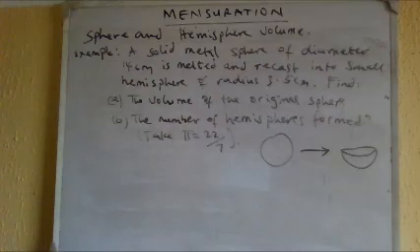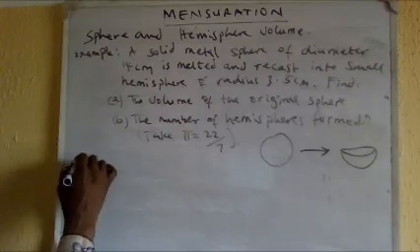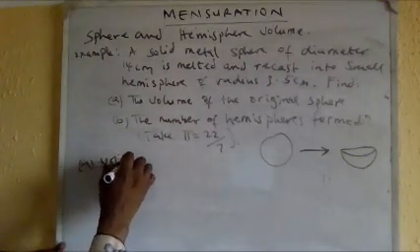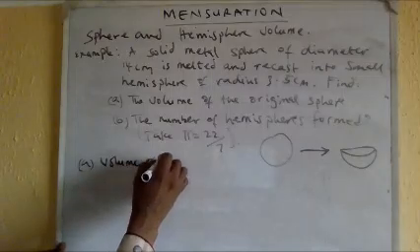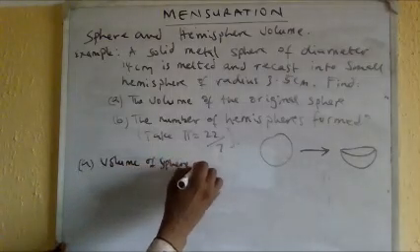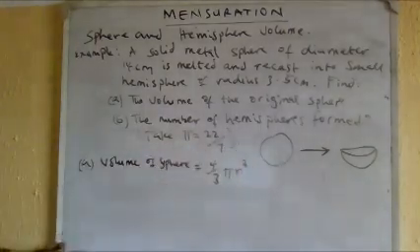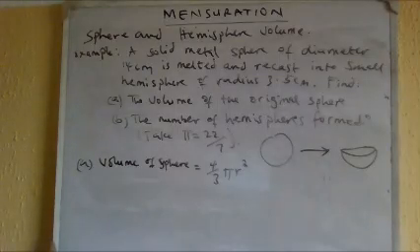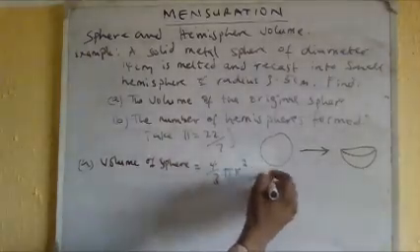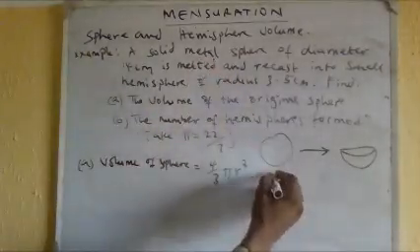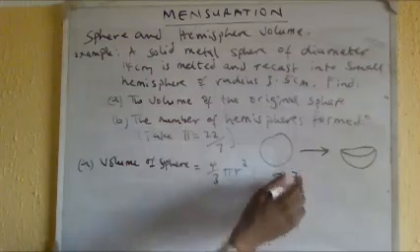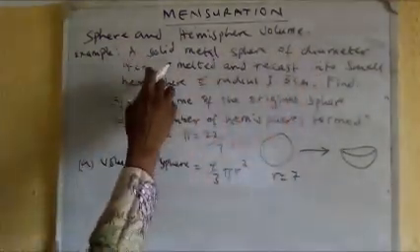Now, I gave you that the volume of a sphere is 4/3 pi radius cube. That's the volume of a sphere. So all the parameters are there. For the big sphere, R is 7. Why? Because 14 divided by 2 is 7.